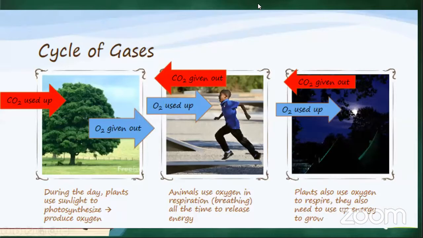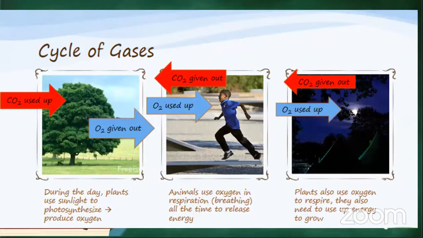All right, awesome. So this is basically just the cycle of gases. Looking at the first picture at the bottom, it says during the day, plants use sunlight to photosynthesize, and they obviously produce oxygen. So now we know, just like I said, JD, earlier on when you asked me where do the plants get oxygen from, during that process of photosynthesis from the sun, they are producing their own oxygen.